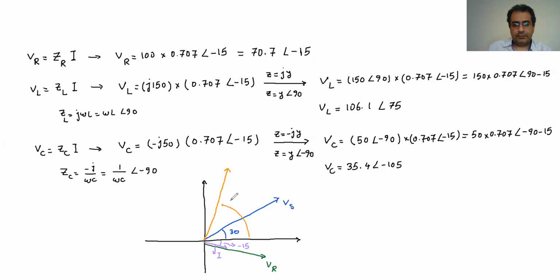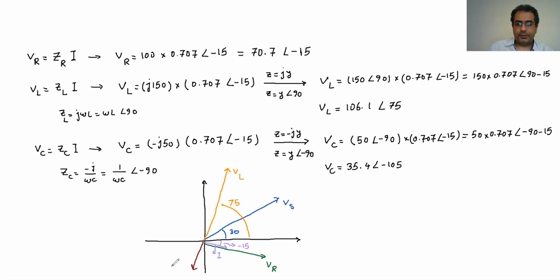This angle is 75 degrees, and the magnitude of the VL is 106. And the very last one is the VC, which is at negative 105. If you draw it, it's going to be right here.